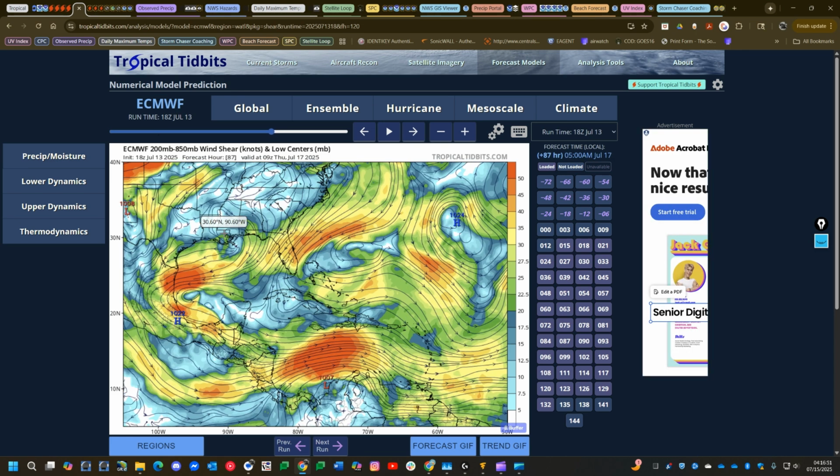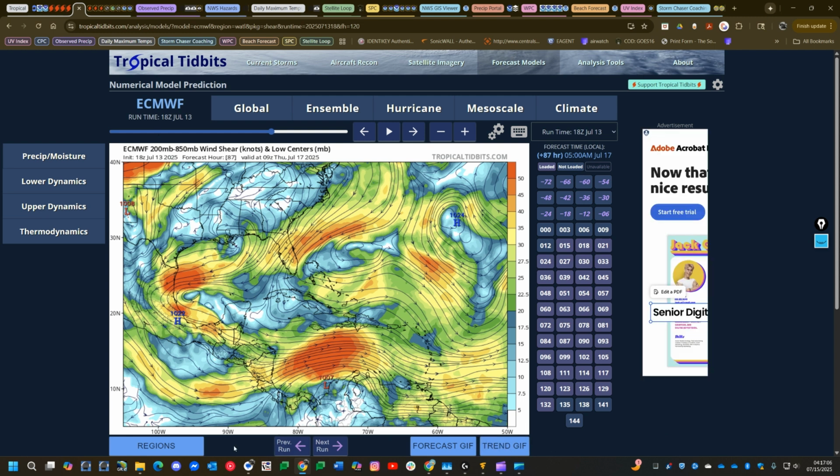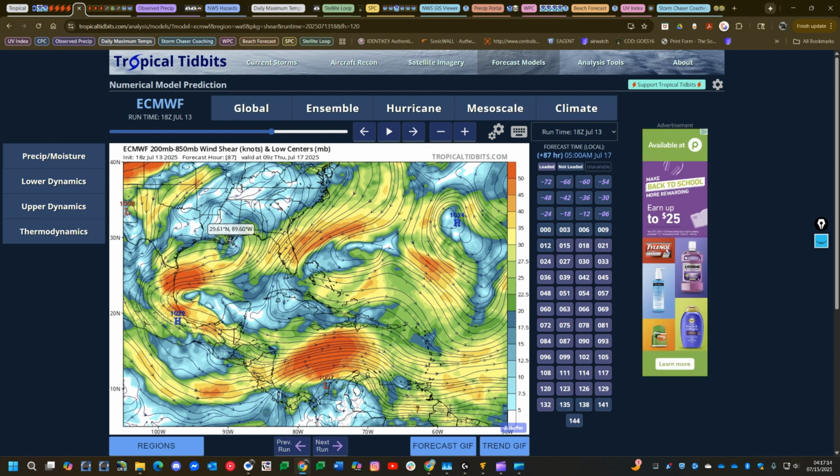But 850 millibar wind shear is important because tropical systems need to be vertically stacked. If the thunderstorms from the top get sheared off, then they can't develop. They either remain weak or don't develop at all. But given that the European wants to develop a small high pressure over top of it, that might give it a chance to develop more than other models are depicting.